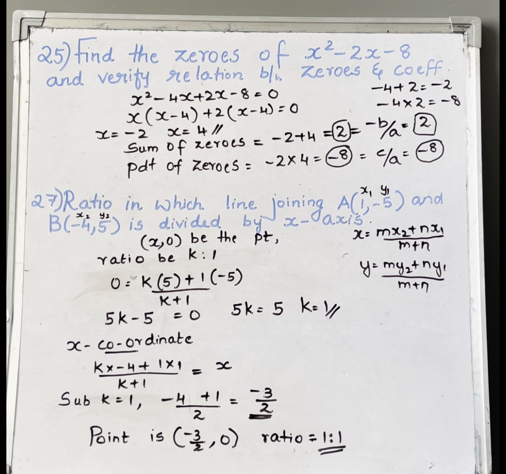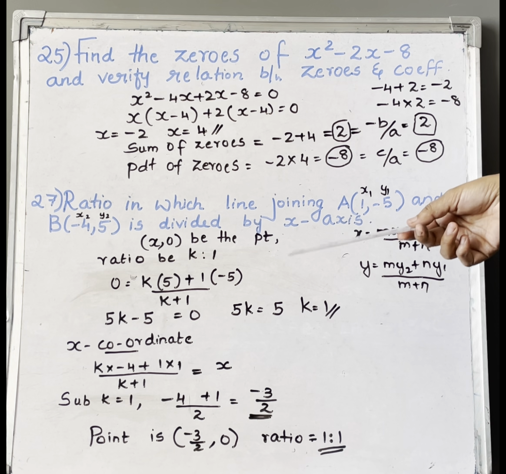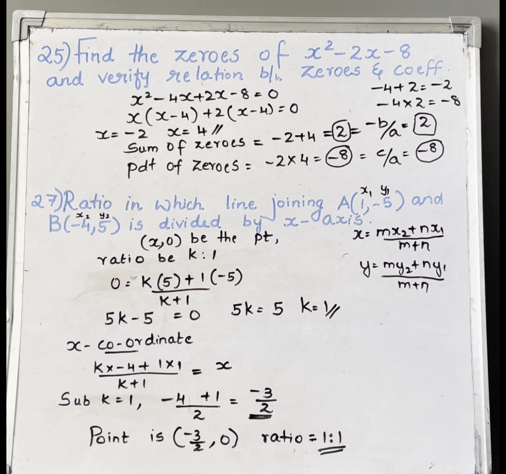Now we have to find the coordinates of the point. Since y coordinate is 0, we need to find the x coordinate. So x coordinate is mx2 plus nx1 by m plus n. Here m is k, n is 1. K we have already found out to be 1. So we can write k into minus 4 plus 1 into 1 by k plus 1.